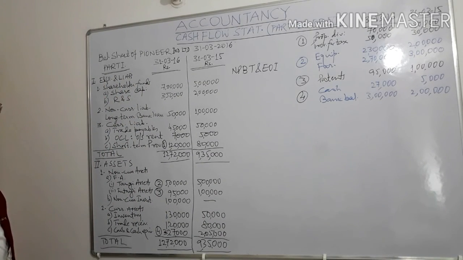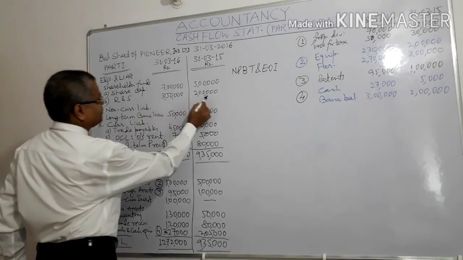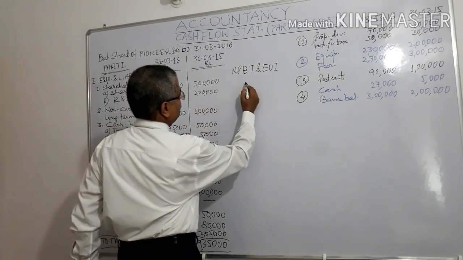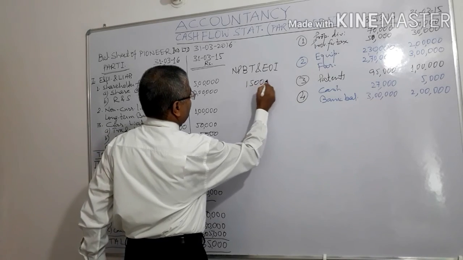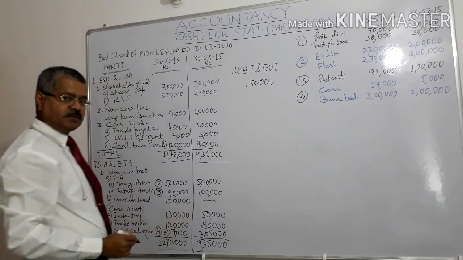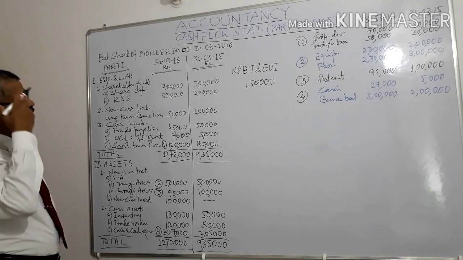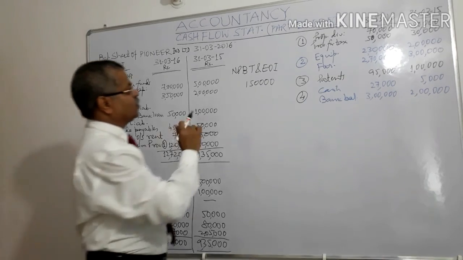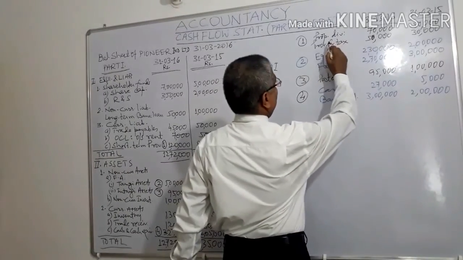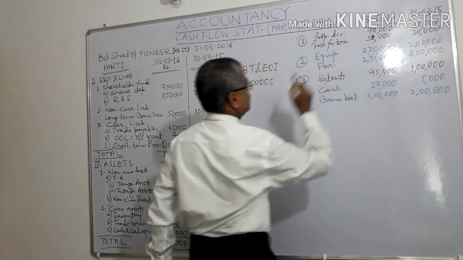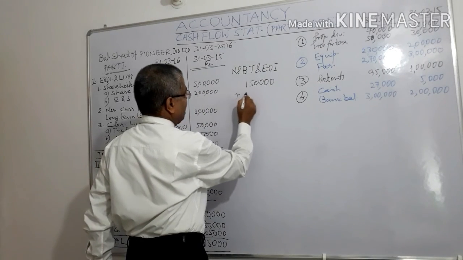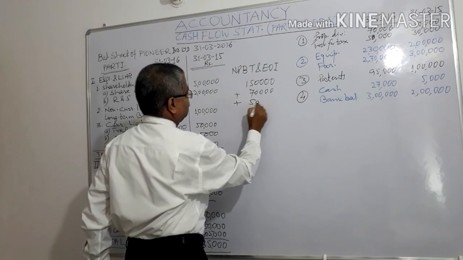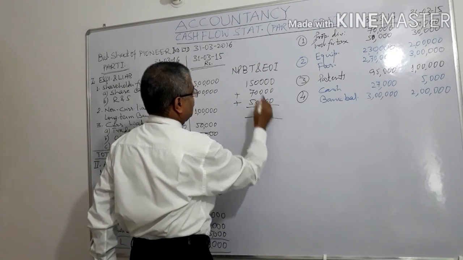So here you will find reserves and surplus have gone up by 1,50,000. And there are two provisions of the last year, this year. What are those provisions? Proposed dividend and provision for taxes. So we will add 70,000 plus 50,000, and what do we get?